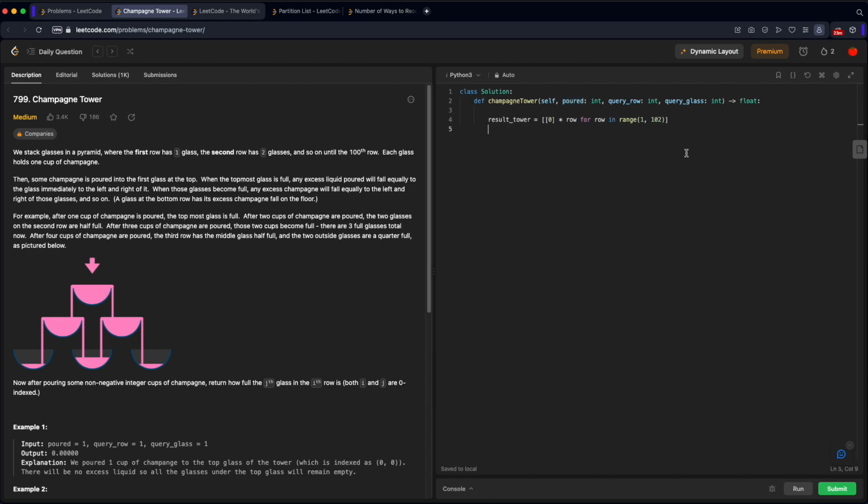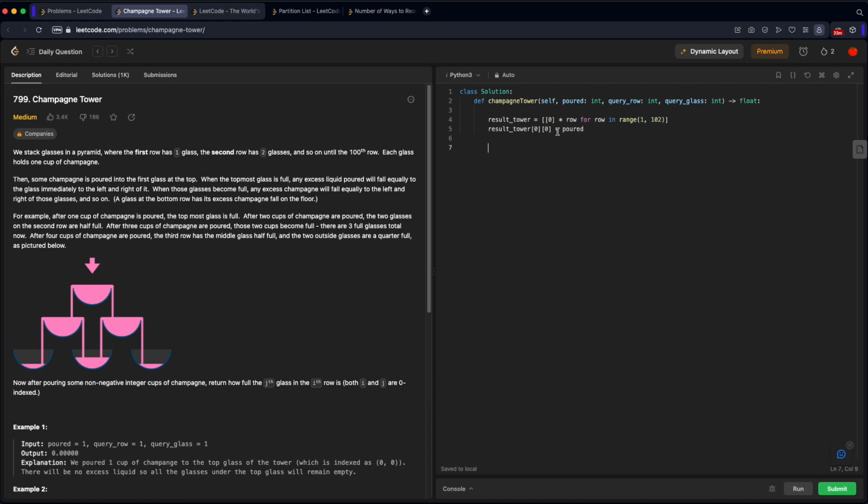So for our very top glass in this result tower, at 0, 0, we have the entire poured amount flowing through it. This 0, 0 actually represents sort of an invisible glass above the entire tower.